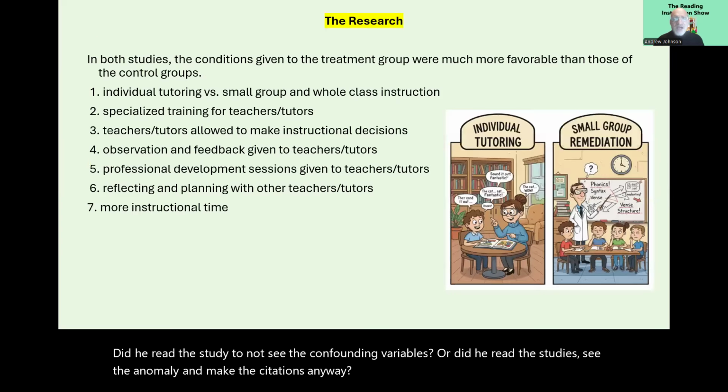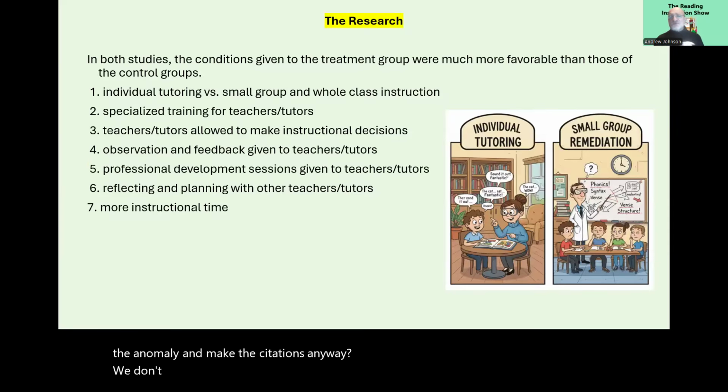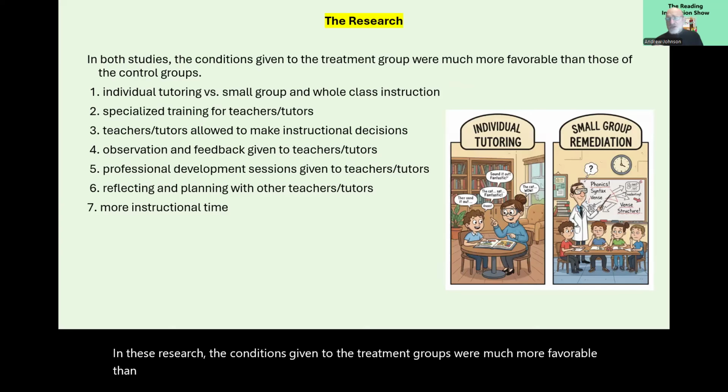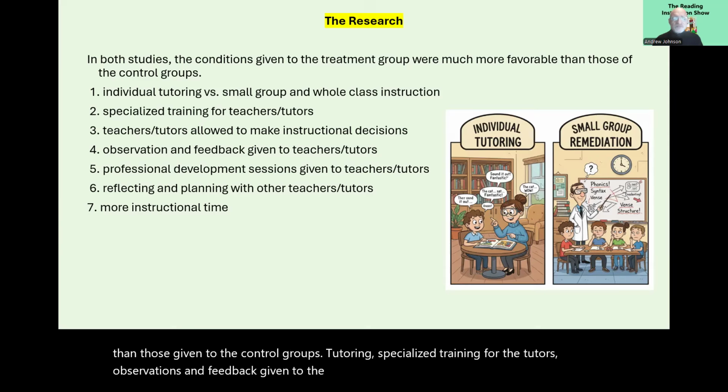We don't know. In these studies, the conditions given to the treatment groups were much more favorable than those given to the control groups. Tutoring, specialized training for the tutors, observations and feedback given to the tutors, professional development.